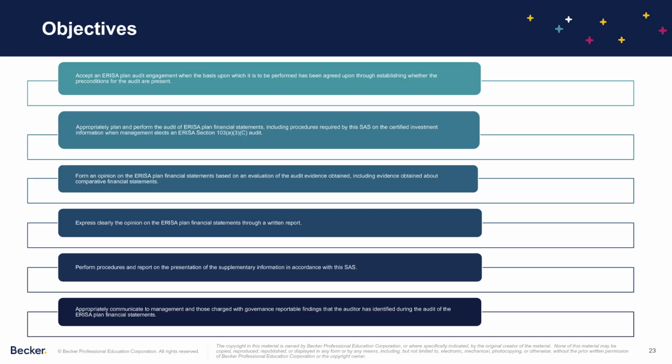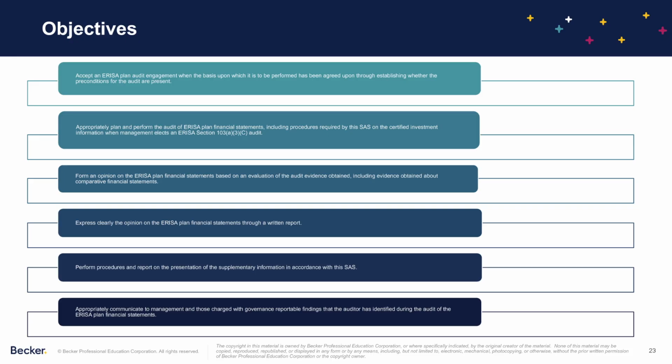This is going to be very interesting because, remember, this is for periods ending on or after, and so there is some interesting guidance here about what you do if you're showing comparative periods.